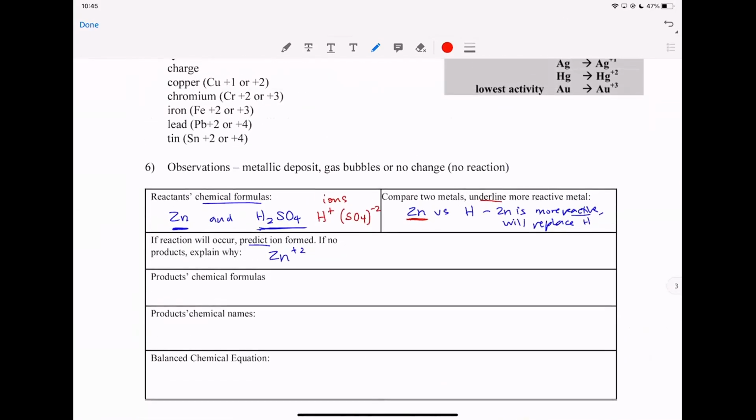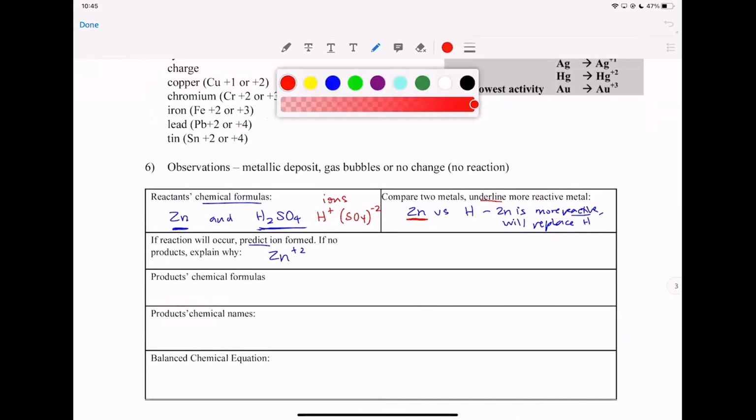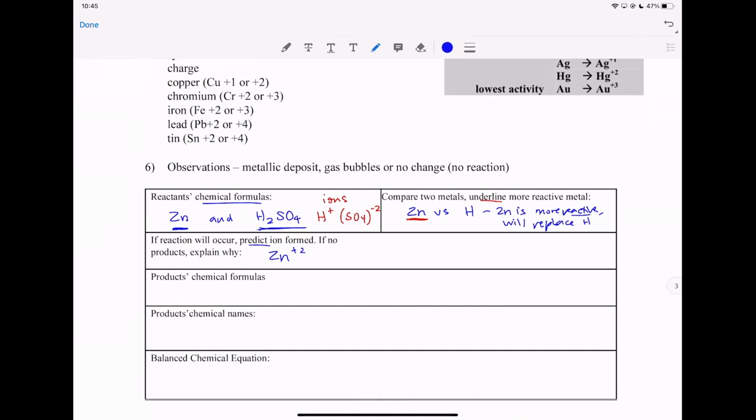So the ion for zinc, Zn, will combine with the anion. It'll take away this ion from the hydrogen. It will replace the hydrogen by taking away its ion and form a new ionic compound.